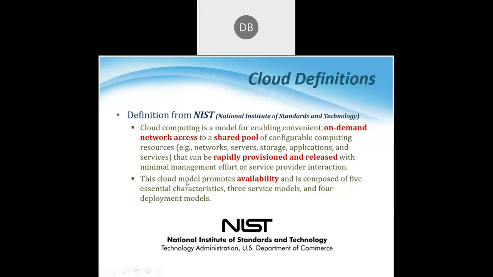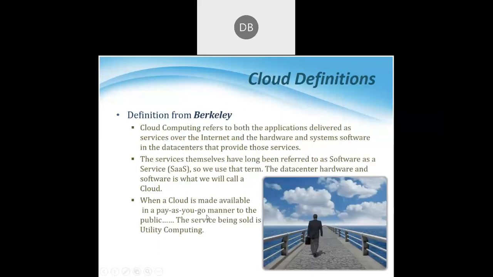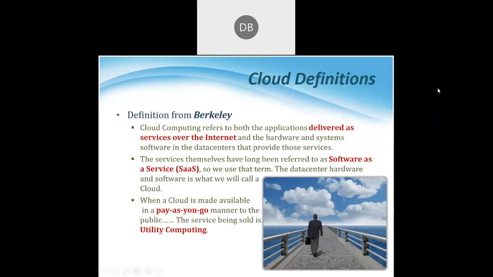And that can be rapidly provisioned and released, meaning as per the need. So cloud services like network, server, storage, application can be provided or released whenever needed. Suppose for one particular application we need 1 terabyte of RAM for a particular period of 8 days.